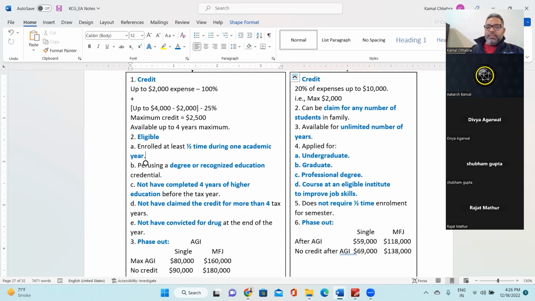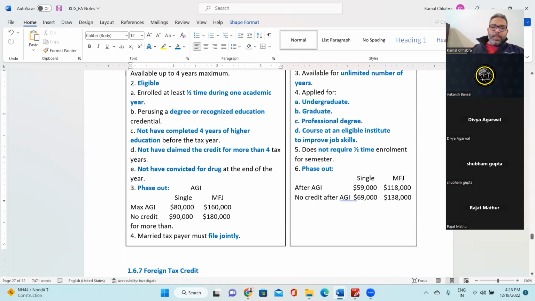But if you are filing as an individual, as single, and your income is more than 69,000, then nothing will be allowed. If your income is less than 59,000, then the entire amount is allowed. If your income is between $59,000 and $69,000, then it will be phased out in the same proportion as we have discussed earlier. Make sense, everyone?